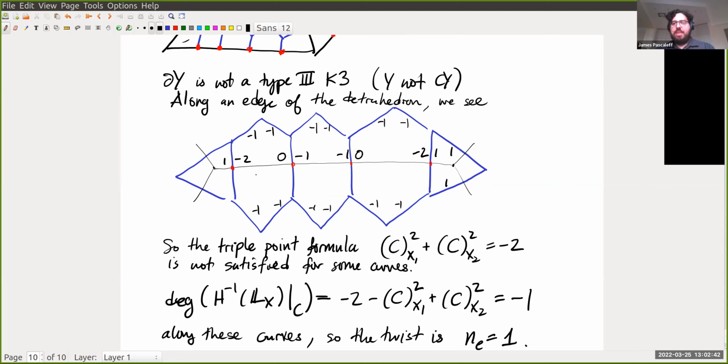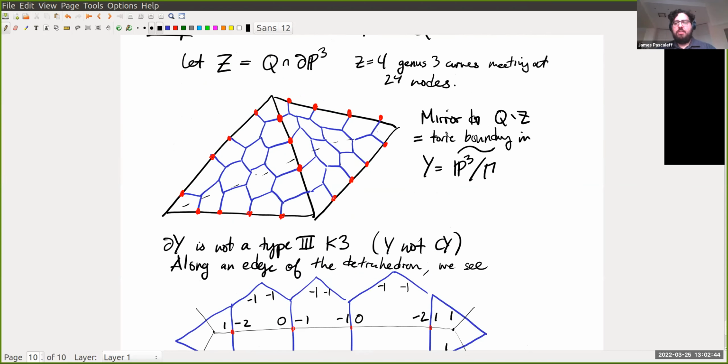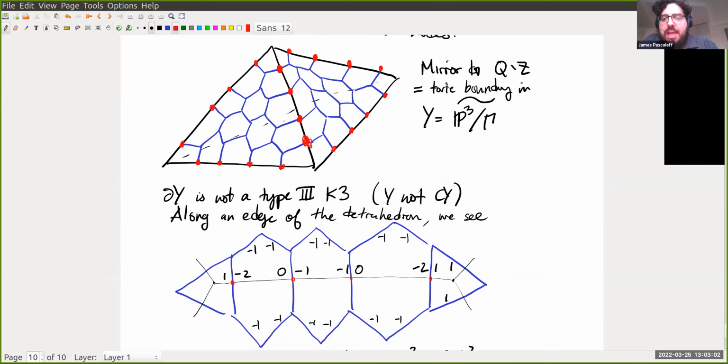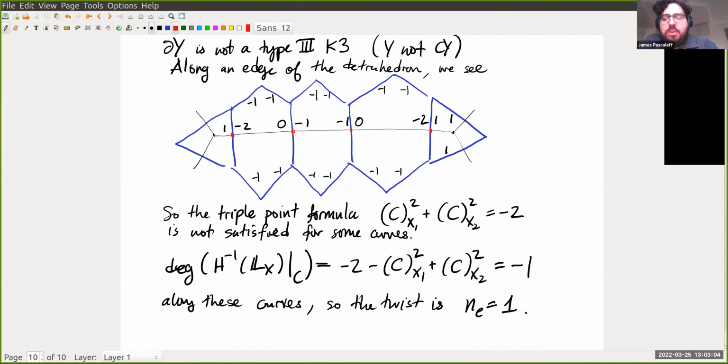I'm saying that you have these nodes here. What am I trying to get at here? I maybe haven't introduced the definitions I need to explain this, I'm sorry. But you have these nodes along the edges, right? So that means that there's some kind of twist, that some of these n numbers, this n is equal to 1 along these edges.